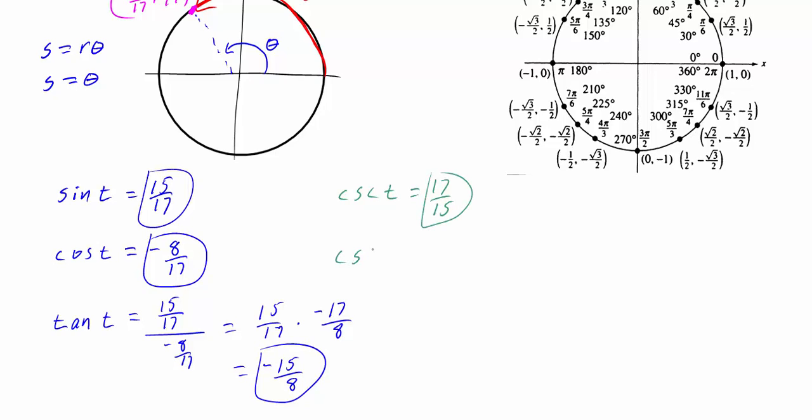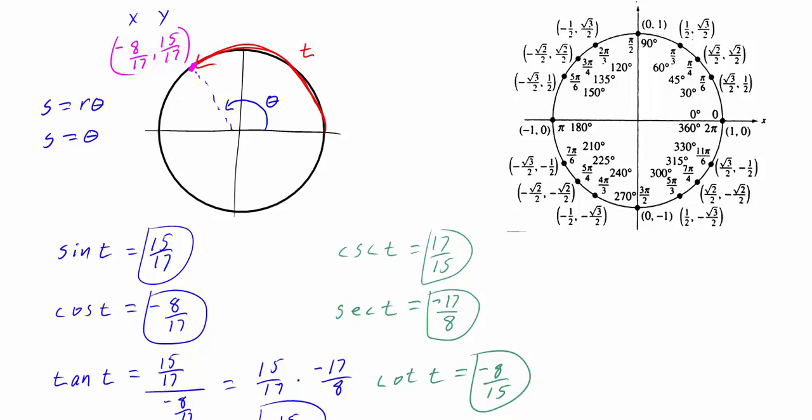We want to find the secant of t, and that would be the reciprocal of cosine, so that's a negative 17/8. And then the cotangent of t is the reciprocal of tangent, so that would be a negative 8/15. So you can see once you find the first 3, the other 3 are very easy to find.